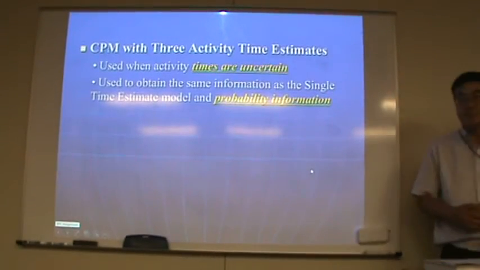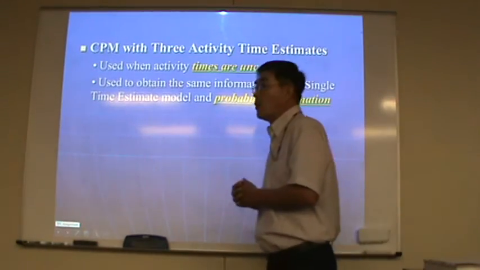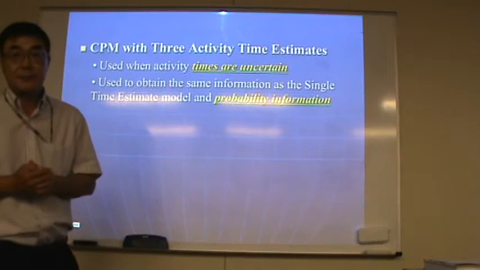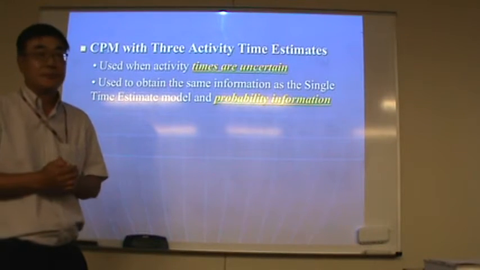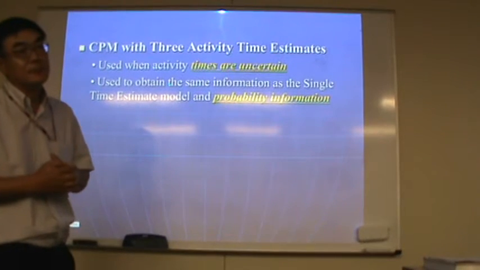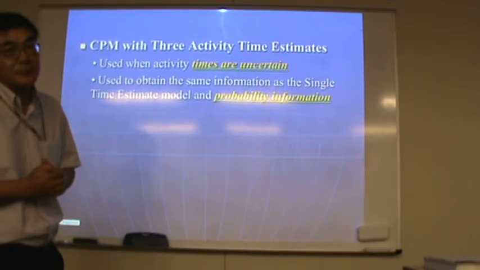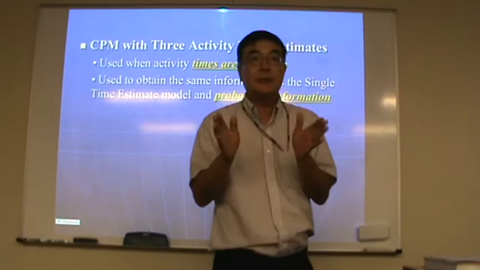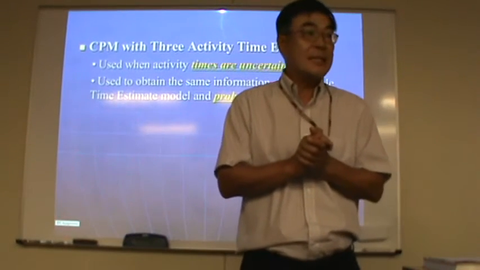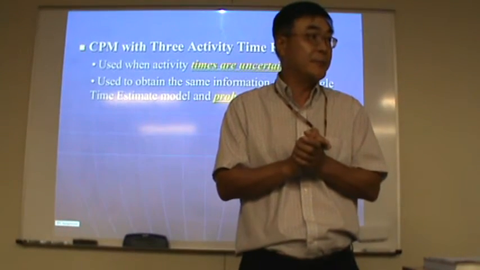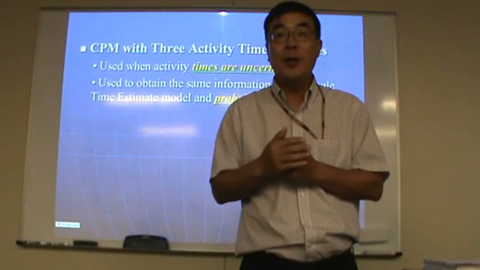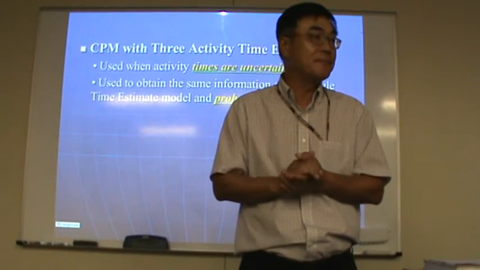Next one, critical path method with 3 activity times. One was enough. I know this. Earlier, this class time from 6 to 10:20 is certain, right? But you don't know when it finishes.